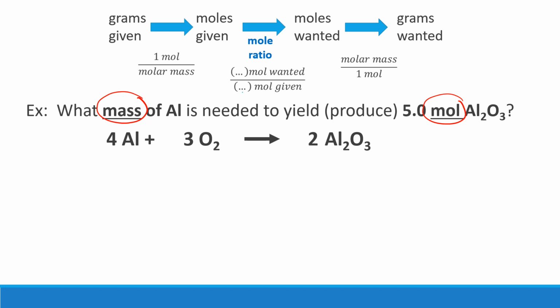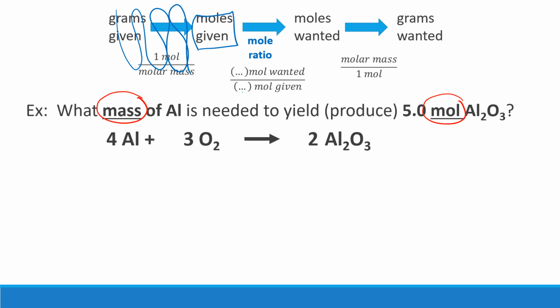So in this situation, we're not going from mass to mass. We are given moles to start with, and so there's no need for us to convert to moles. So we're only going to be using a portion of our mass-mass pathway. We don't need the first conversion because we were given moles to start with.